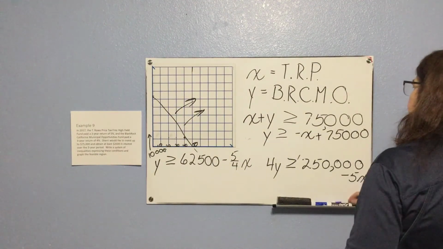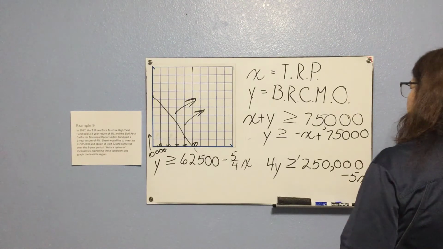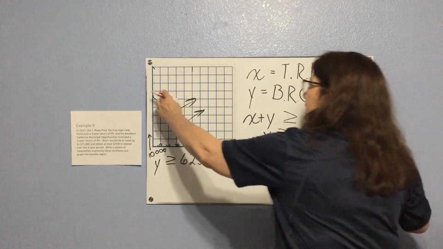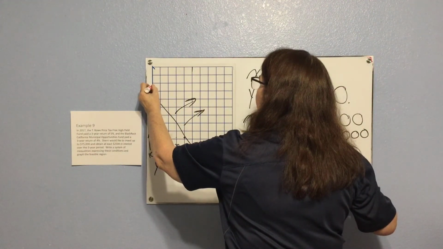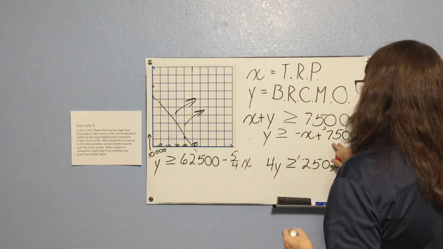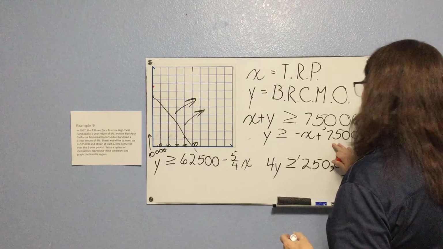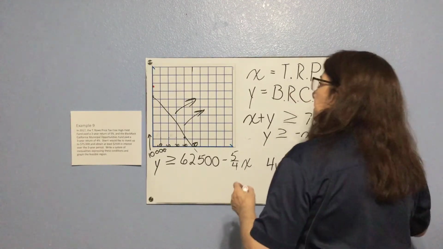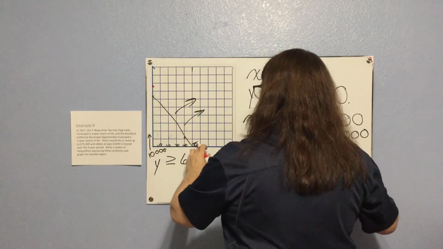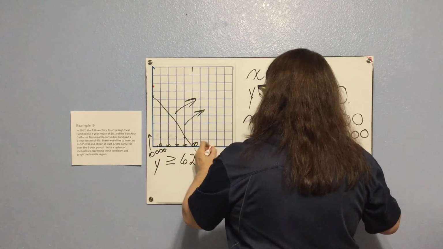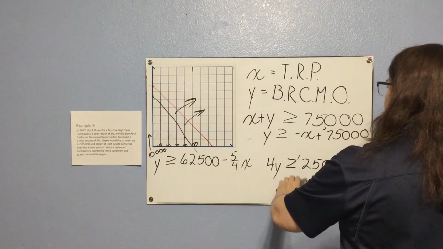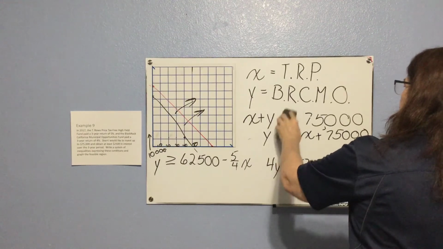And going back to my first inequality, $75,000. So this was 62.5. There's 70, there's 75. And we've got a slope of -1. So we're going to come down here and also be at 75,000. And I wrote this wrong.